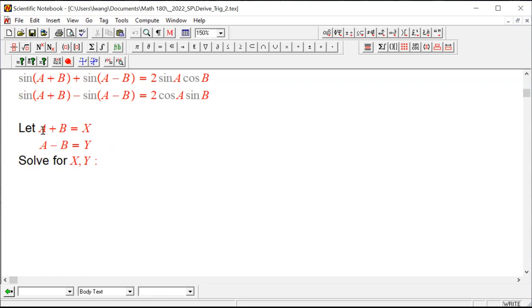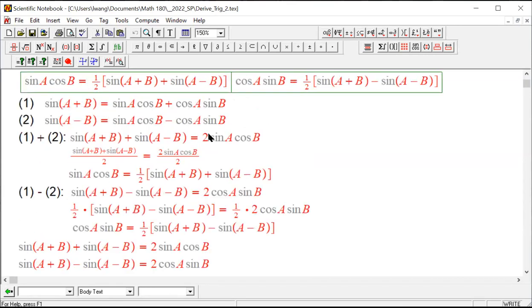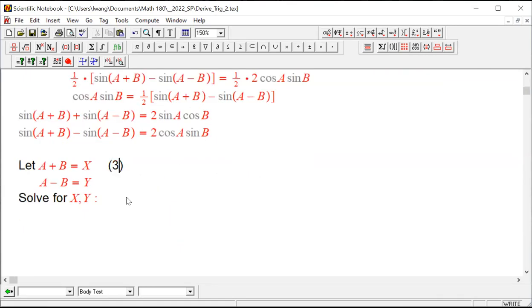We can add these two equations. We already used 1 and 2, so we call them equation number 3 and equation number 4.